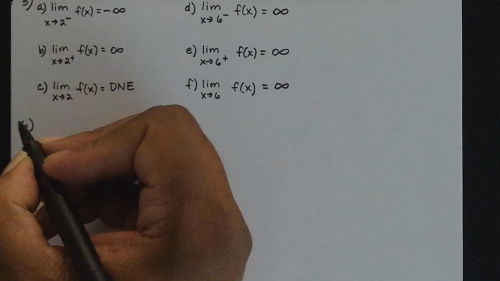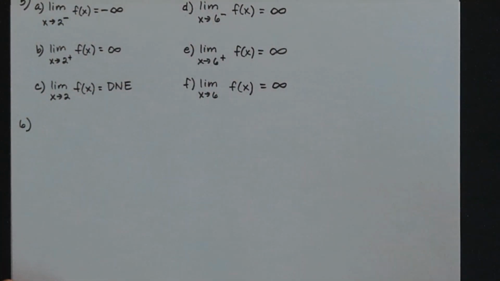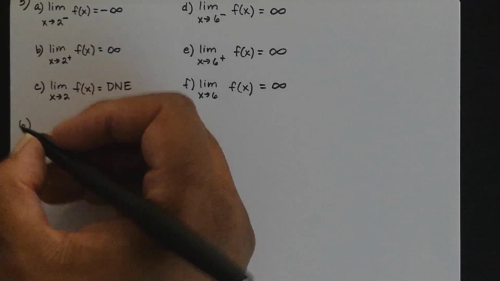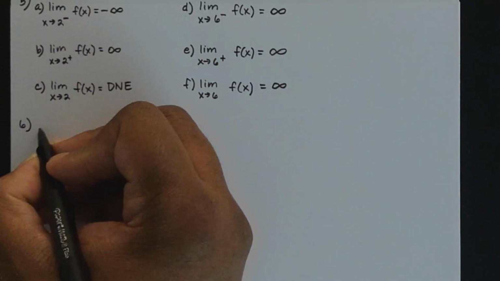All right, here we're just going to be looking at limits. Sometimes we may have to factor and divide out common factors. Sometimes we may have to divide every single term in the numerator and the denominator by the highest exponent in that denominator. And there are some rules that we talked about as well.